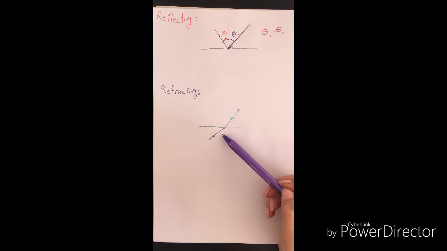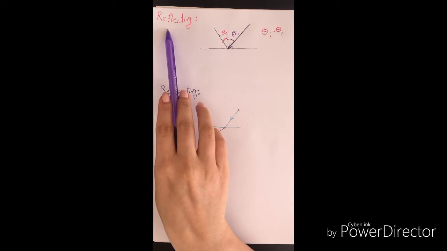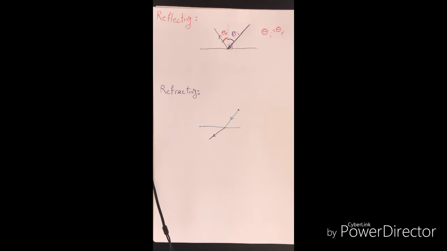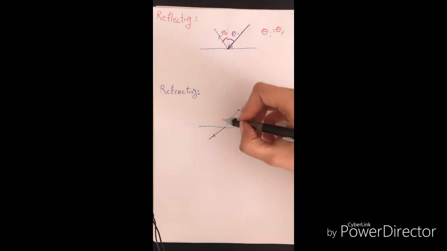So the initial ray and the refracting ray are in different planes, but for reflecting, the initial ray and the reflecting ray are in the same plane and normal to the surface. Again, for reflecting and refracting, we measure the angle from the vertical axis, which is perpendicular to the surface.